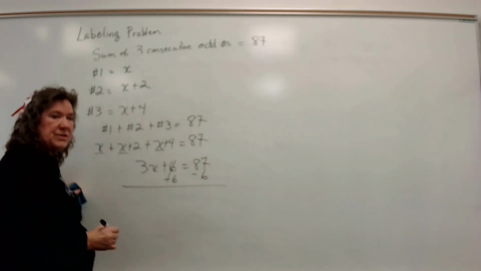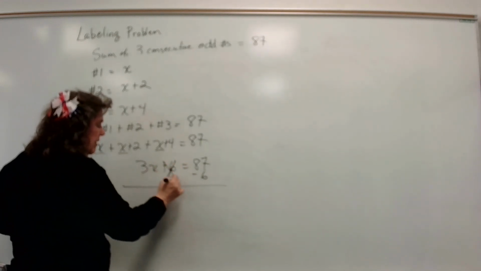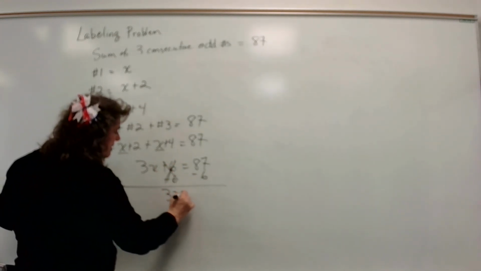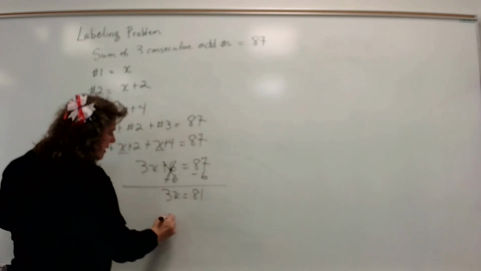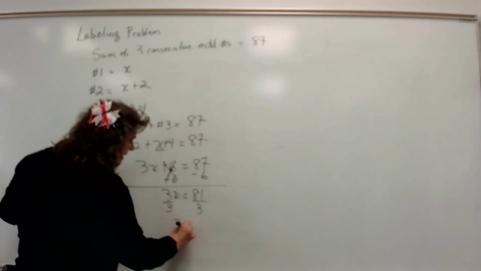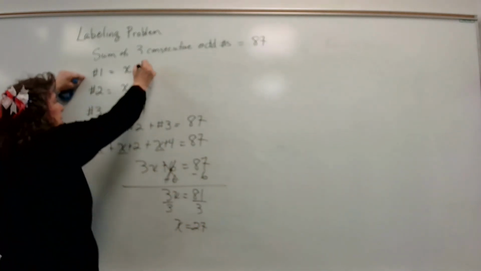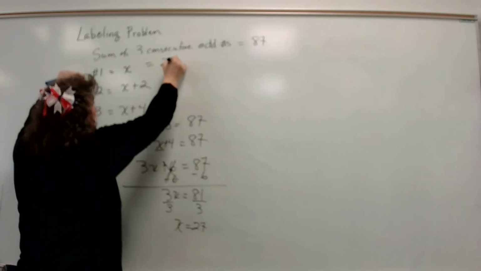Eliminate that addition by subtracting 6. That makes 0. And I have 3x is equal to 81, divided by 3, and x is equal to 27. So integer number 1 is equal to 27.